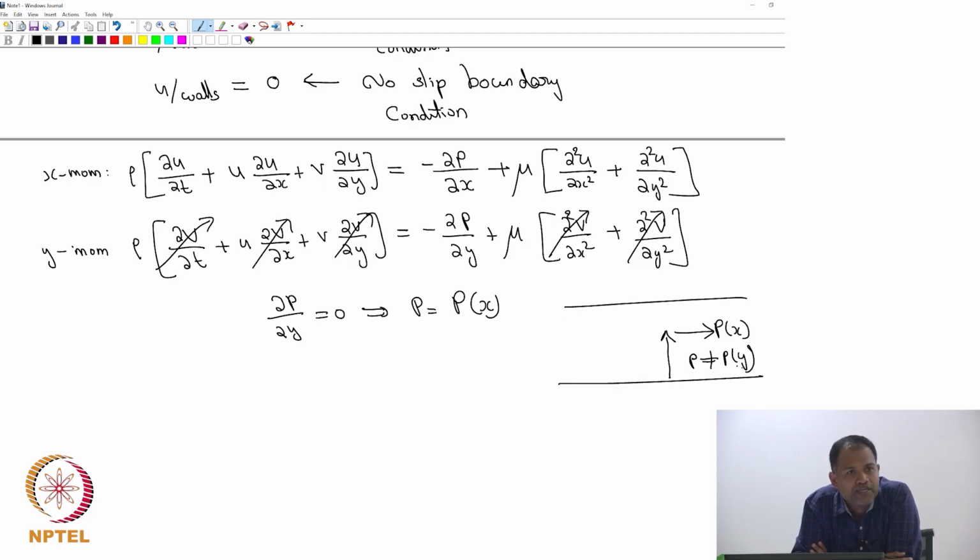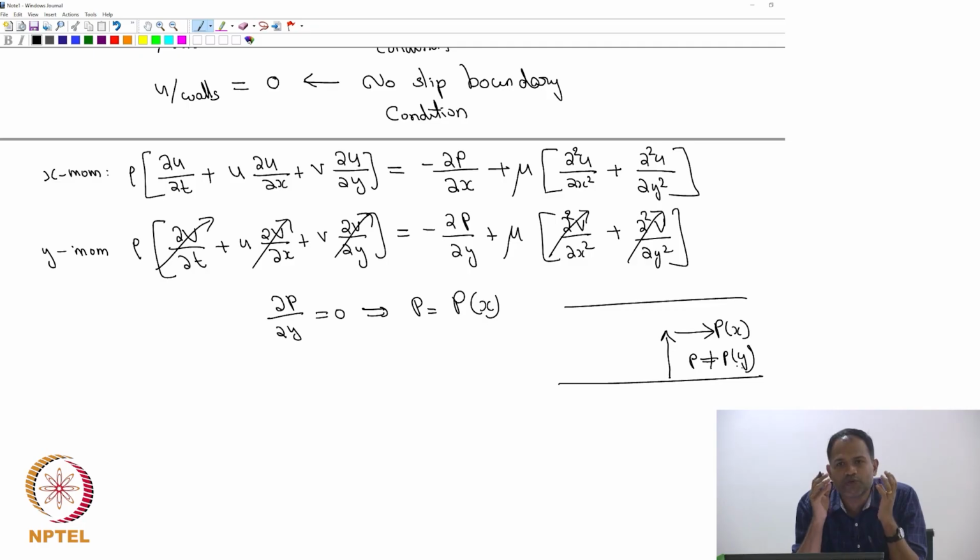Even though the v component itself was 0, still you should have analyzed it, because it is not just about velocity, it is also about knowing pressure. So when we say that you want to solve a flow problem, you are actually trying to find out both velocity field and pressure field.